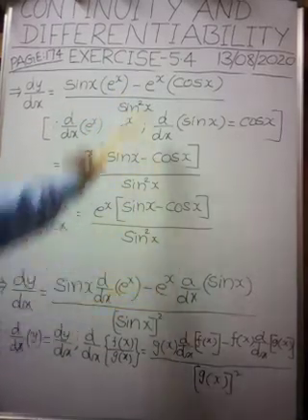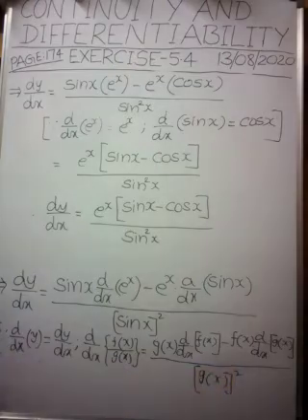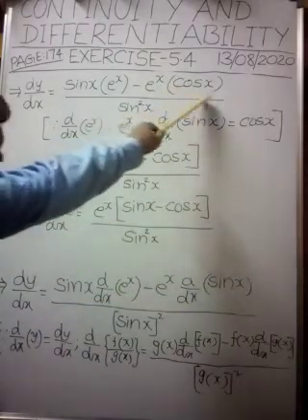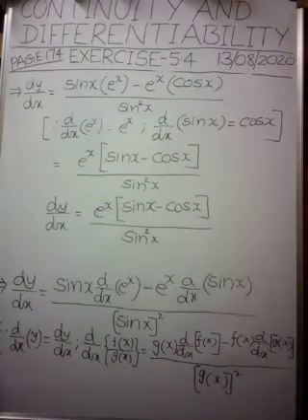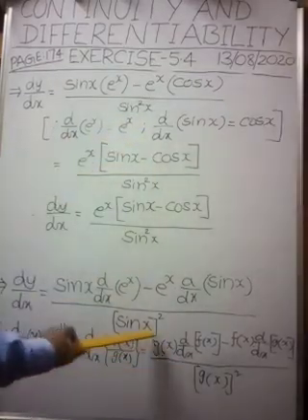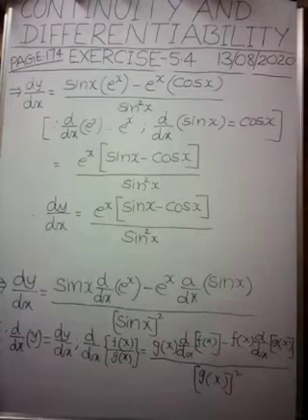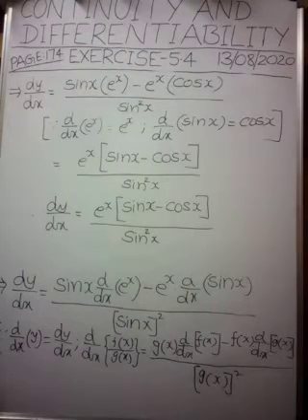Minus e power x into d by dx of sin x. What is the value of d by dx of sin x? Right, cos x. So I wrote in the brackets cos x. Understood this second term, my dear children? Whole divided by sin x whole square, can be written as sin square x. Understood the denominator part also, my dear children?